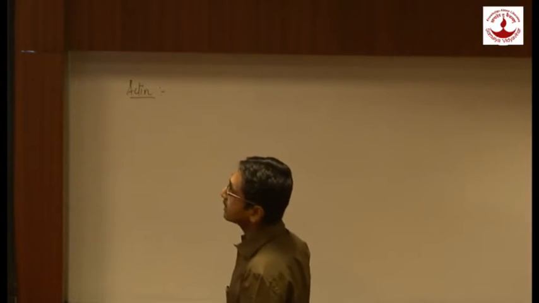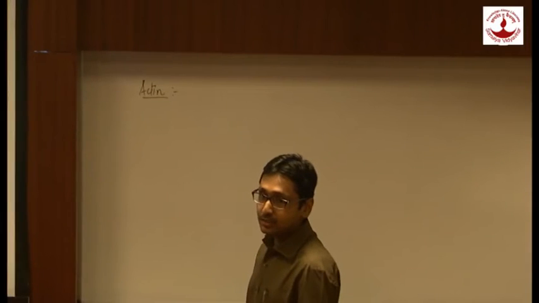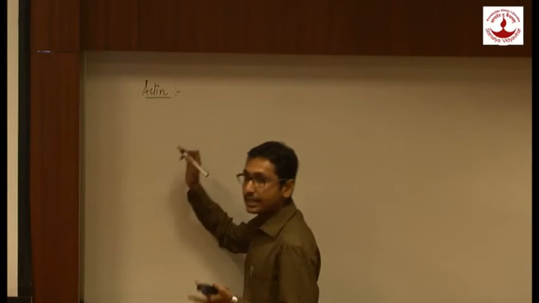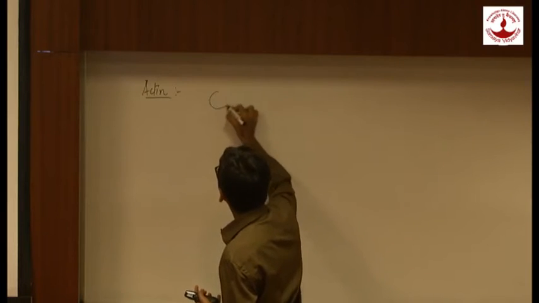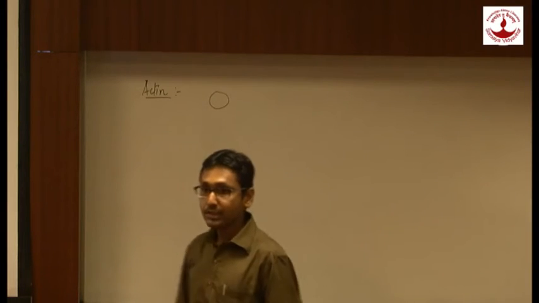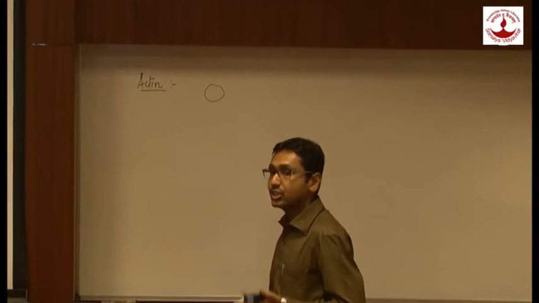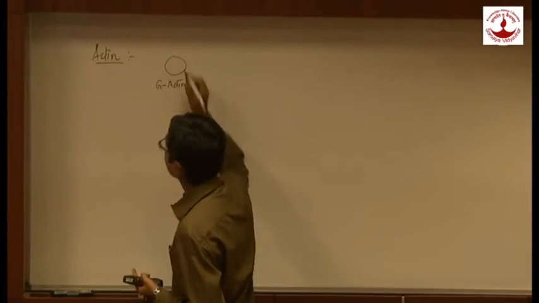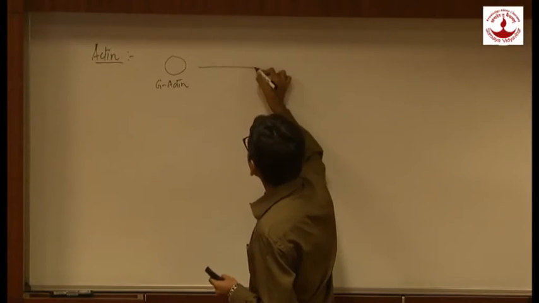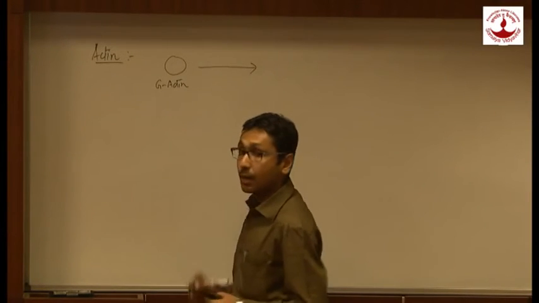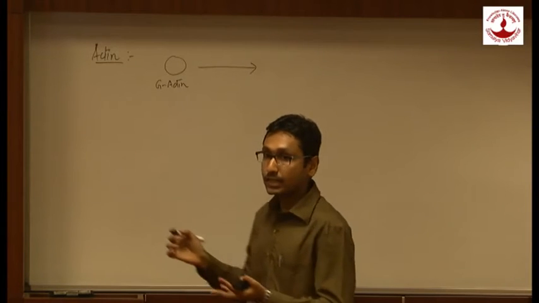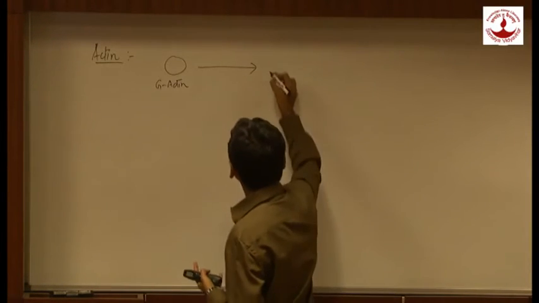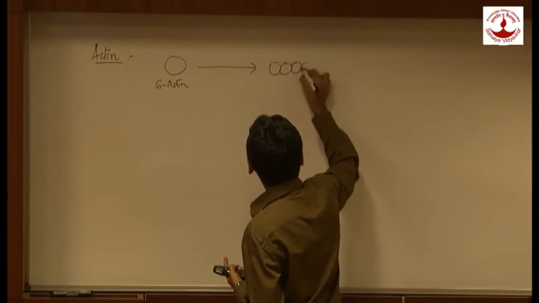Actin is the subunit which makes up the microfilament. Actin in the cell can exist in a monomeric form, which is often referred to as G-actin, or globular actin, and it can also exist in a polymeric form. Initially we said this is a network of protein polymers.